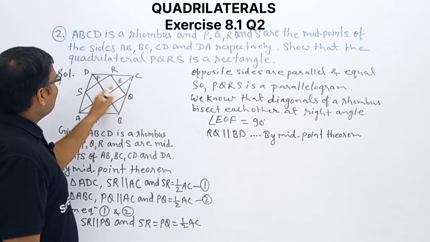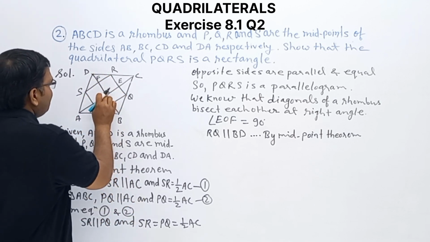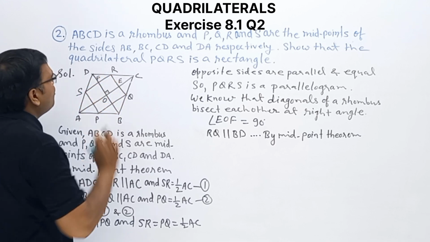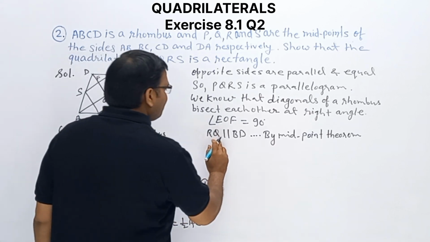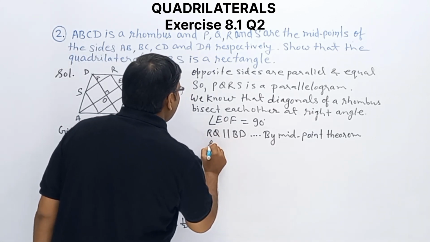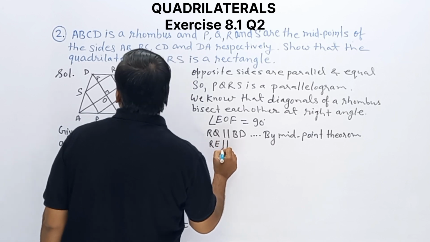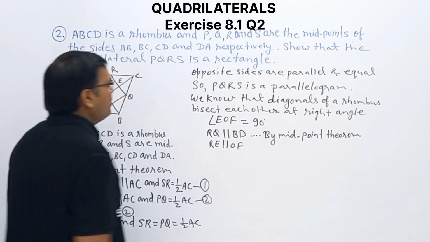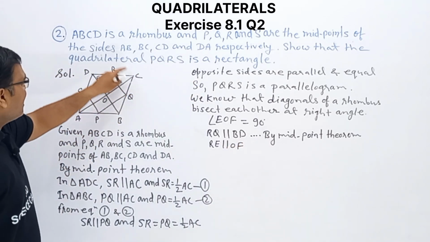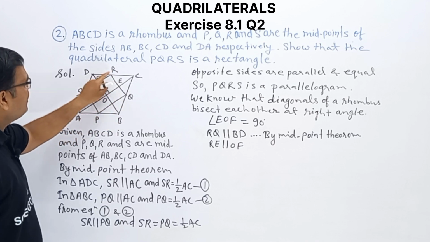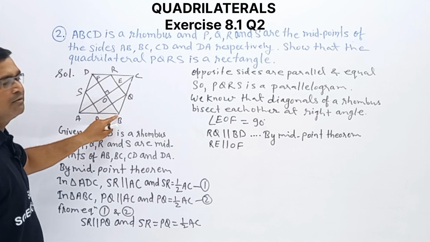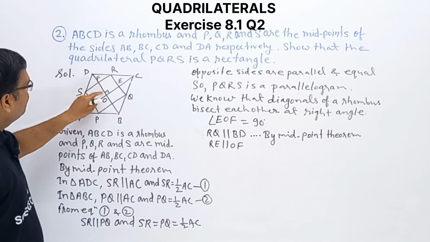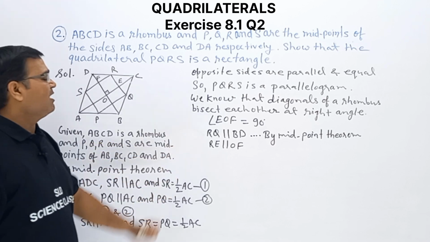So this side is parallel to this side, and RE will be parallel to OF, no doubt. Clear? I am writing.